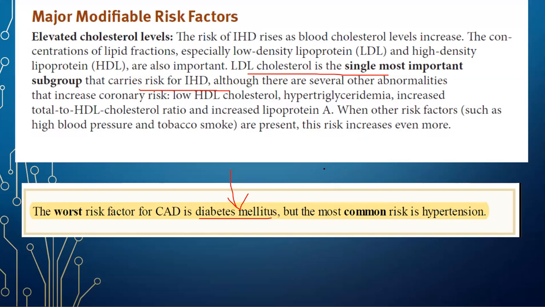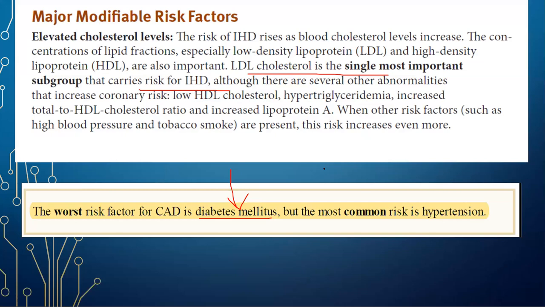What is the most common risk factor? Hypertension. But the single most important risk factor, or if they ask you what is the most common risk factor or the most important risk factor for having an MI, always choose hypercholesterolemia. So in your handbook, there is a question similar to this.